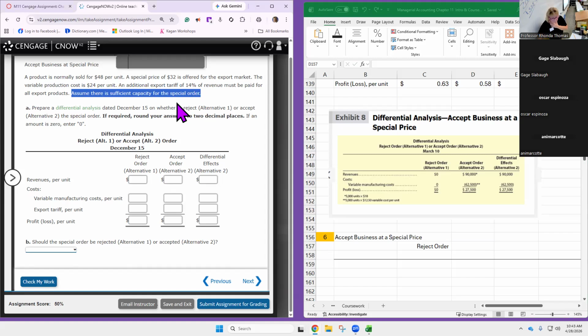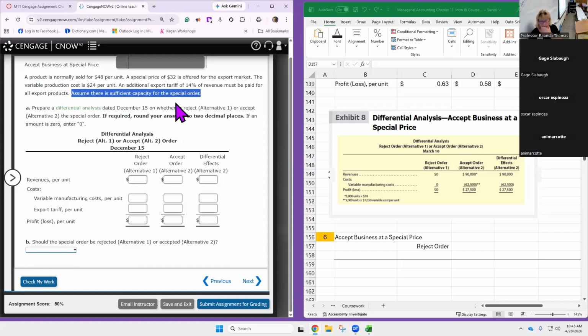Okay. And we didn't get any numbers of how many they're wanting to buy from us at $32 each, but they are telling us that we have enough capacity in our manufacturing to handle this order. If we didn't have any capacity to do it, we would probably reject it right off the bat.